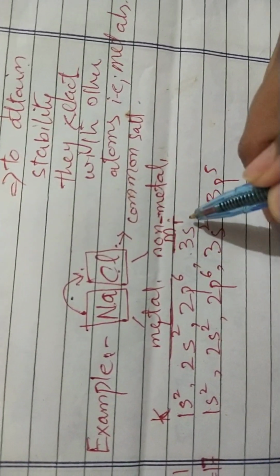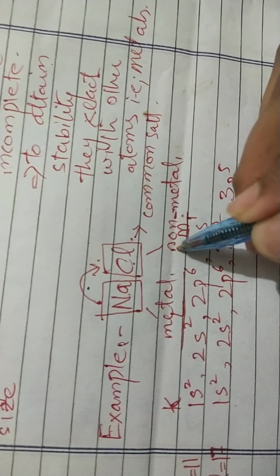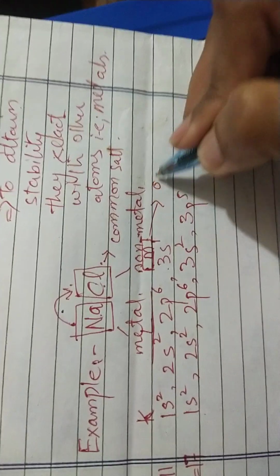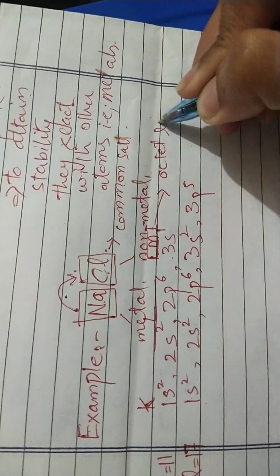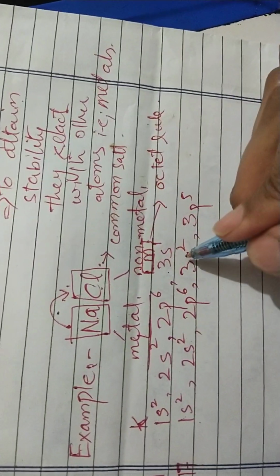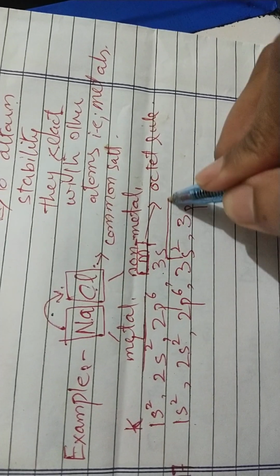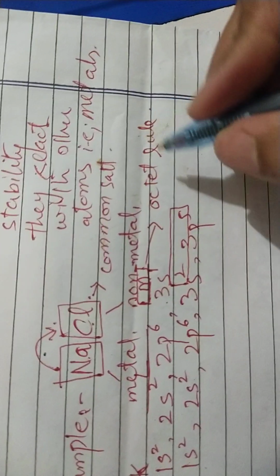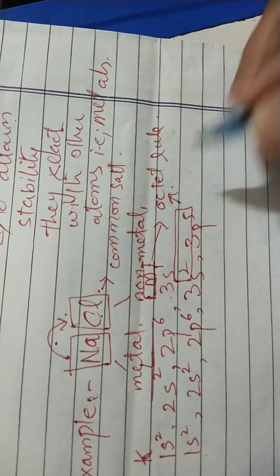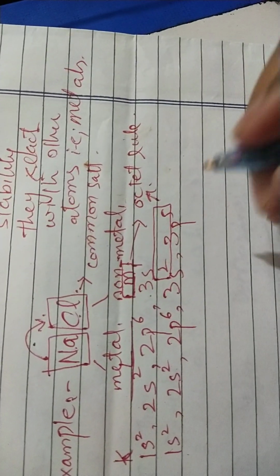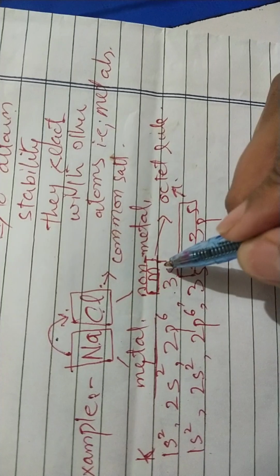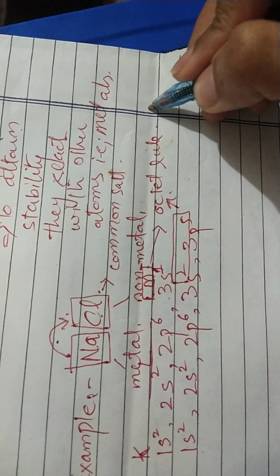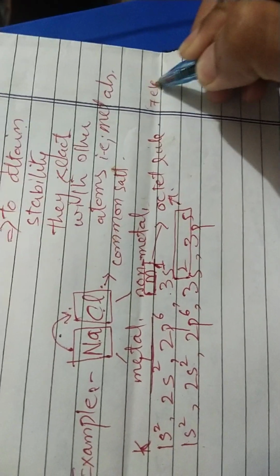As we can see, its last shell is the M shell, so it must follow the octet rule to complete its valence shell. Sodium has one electron in its valence shell, so to complete its octet it would require 7 electrons.